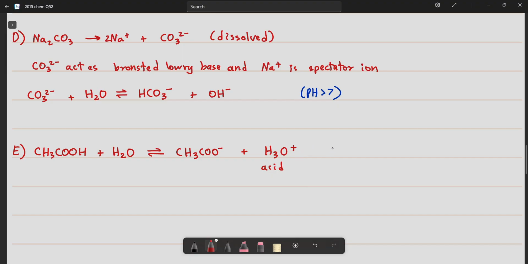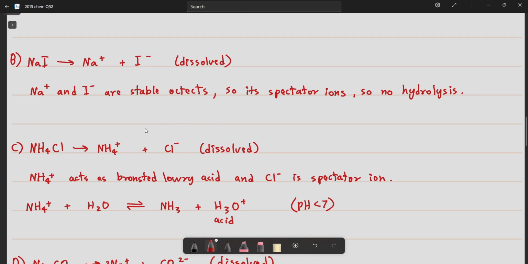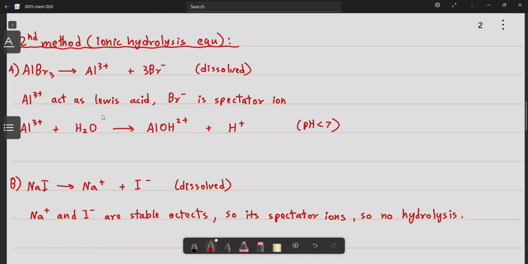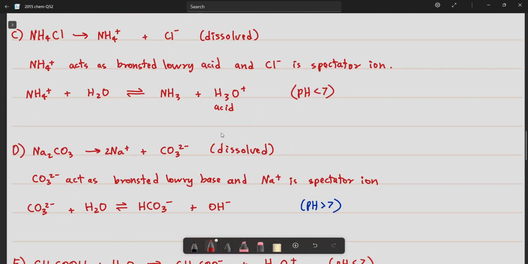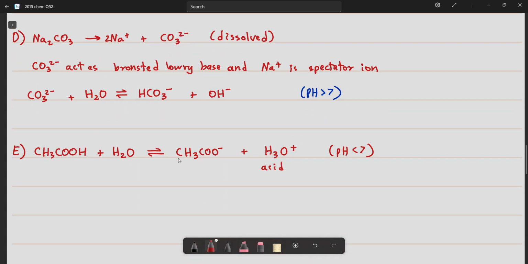So this will result in the pH being acidic. So that's all. This is how we solve using the second method, which is constructing the chemical equation for ionic hydrolysis for each of these salts, and also this acid that undergoes hydrolysis, resulting in an acidic pH.